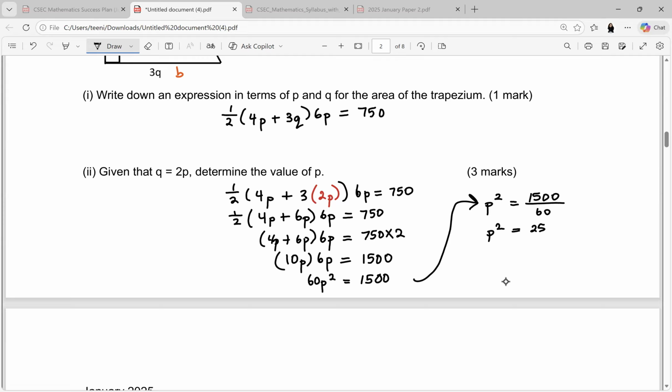And if p squared is 25, then p would be the square root of 25, which is equal to 5. So P is 5. And that's the reason that it is 3 marks. It took a little bit of work in there, right? You first needed to correctly substitute Q for 2P into your formula for your area. And then the other 2 marks would be to successfully solve the equation.